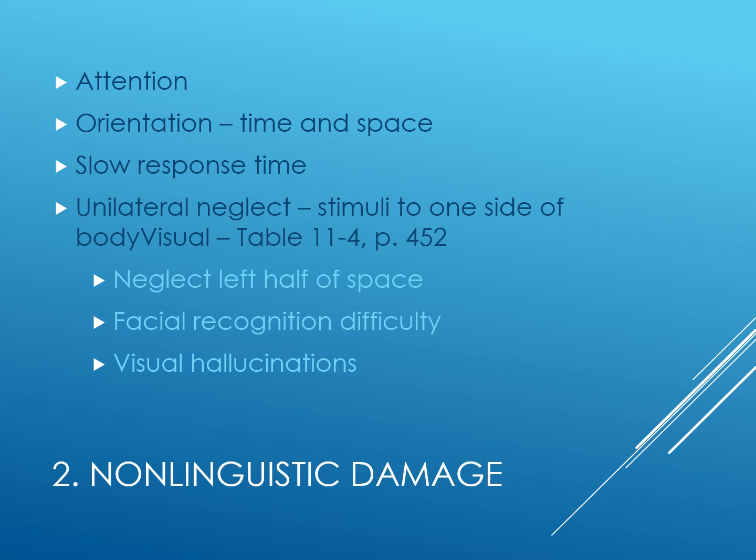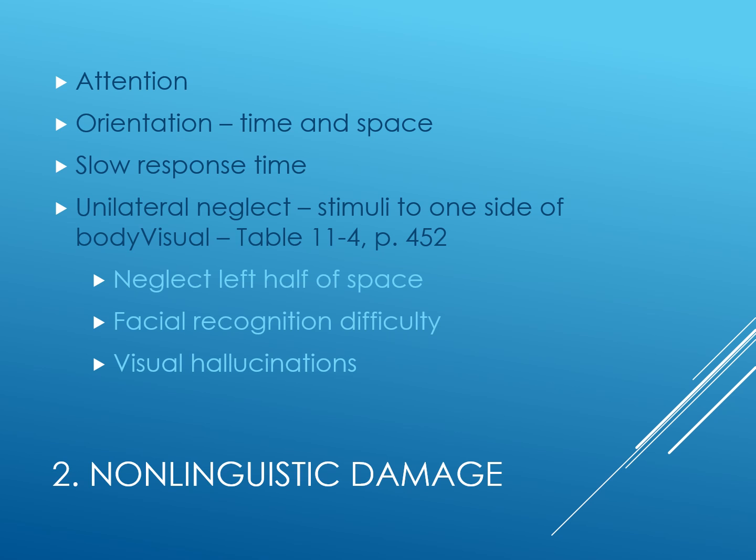A huge characteristic of right hemisphere damage is visual neglect on the left half of the body. So if the patient is walking and there's a table on their left side and they're walking towards it, a person with right hemisphere damage will walk straight into the table with their left leg because they don't realize that the table is there.